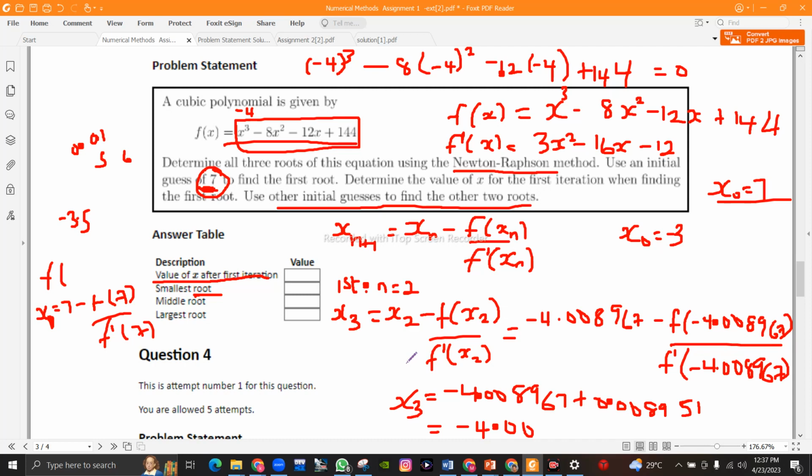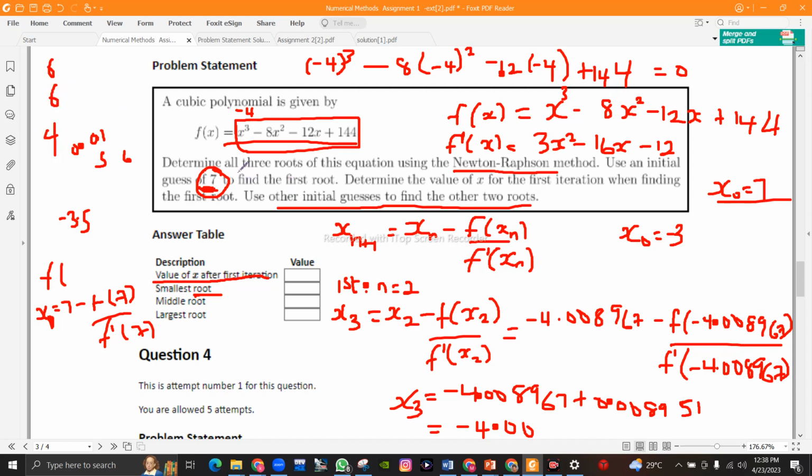It is an equal root. This question has the same root at the same point. That's why you have to know the roots of this equation. If you don't know the roots, you keep guessing other values and you will not get the root. So it has equal roots: one root is 6 and another is 6, and one is minus 4.